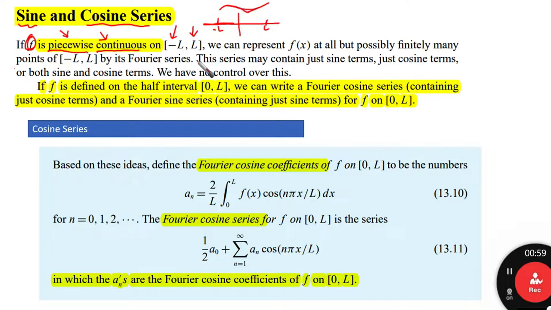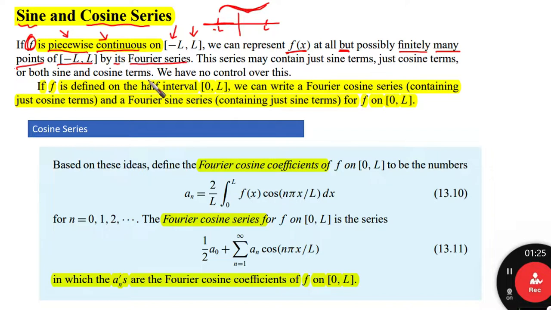Okay, we can represent this function, which is f of x, at all but possibly finitely many points on the interval minus L to L by its Fourier series. This means simply we are going to represent it by a Fourier series if it is piecewise continuous.